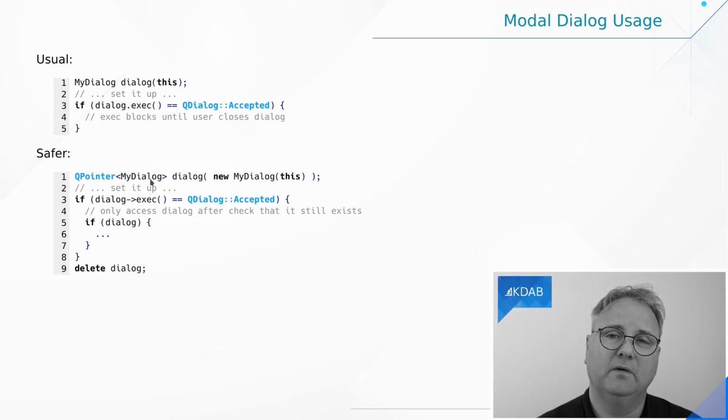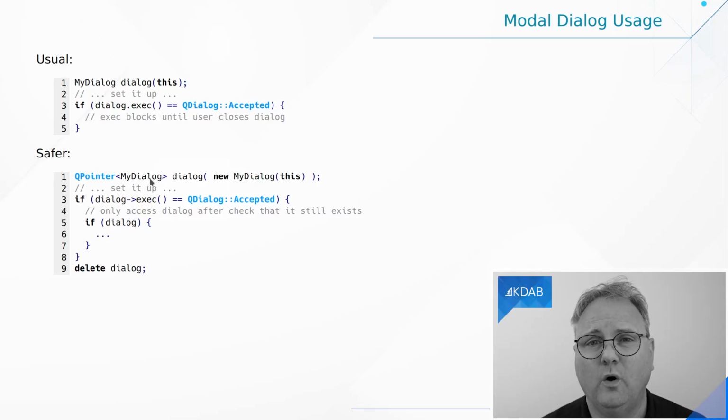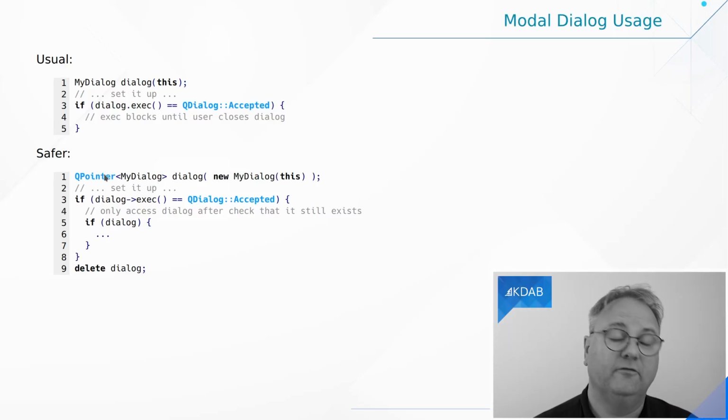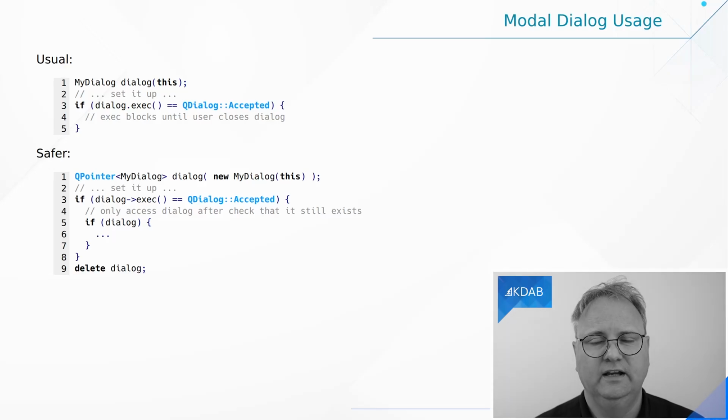And my dialog here must be a subclass of QObject. Well, it's a subclass of QDialog, so obviously it is, but for the QPointer to work, it must be a subclass of QObject. What it does then is that when that QObject is being destroyed, it will internally set the pointer that it has to a null pointer.